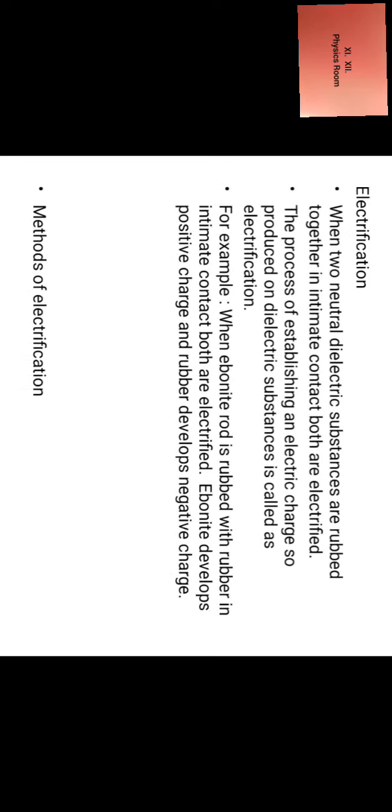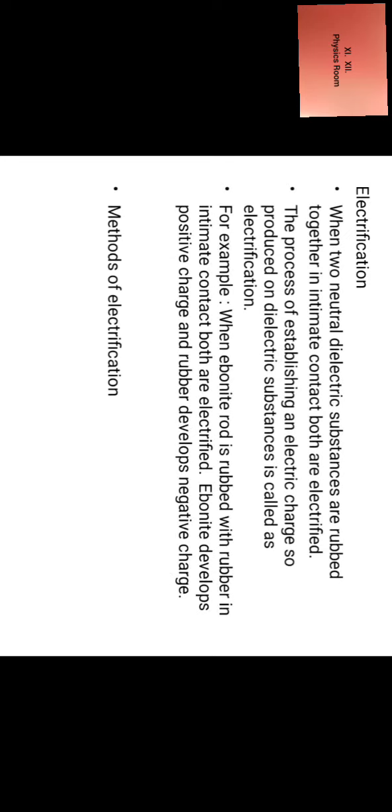For example, when an ebonite rod is rubbed with rubber in intimate contact, both are electrified. Ebonite develops positive charge and rubber develops negative charge. Both are electrified. Now, methods of electrification.